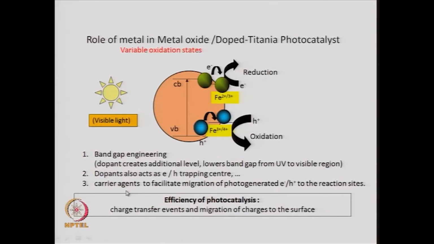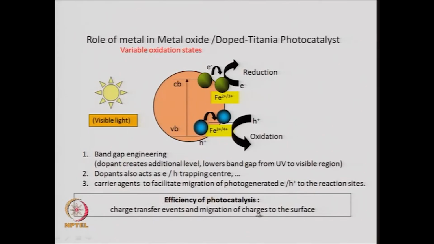Finally, they can also be used as carrier agents to facilitate migration of electrons and holes to the reaction sites. Wherever the reaction is occurring, because of the presence of these metal oxides on the surface, they act as good carrier agents, because they help in the migration of the photogenerated electrons and holes.